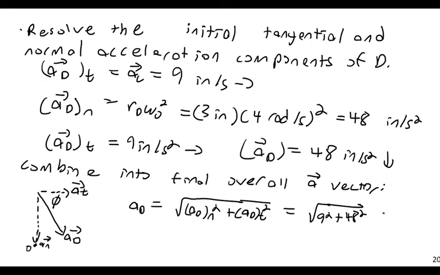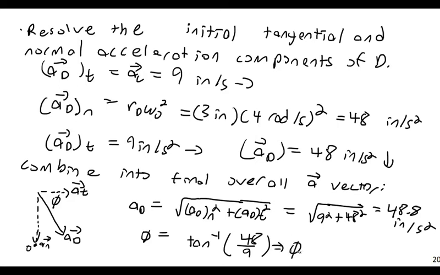And we get a magnitude of 48.8 inches per second squared. And then phi is equal to the inverse tangent of 48 over 9, and I get that phi is equal to 79.4 degrees.